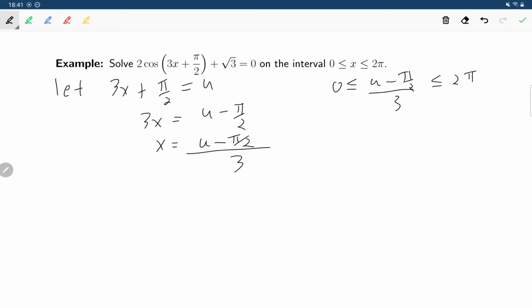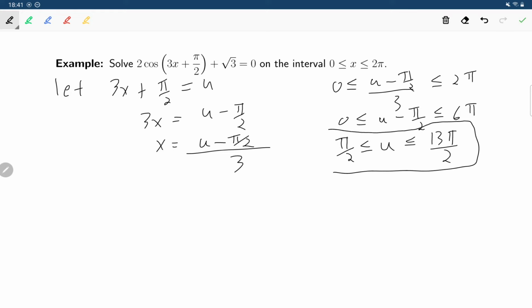If I multiply everybody by 3, then add pi over 2 to all sides of this inequality, then I have my interval that I need to solve over, that interval from pi over 2 to 13 pi over 2.